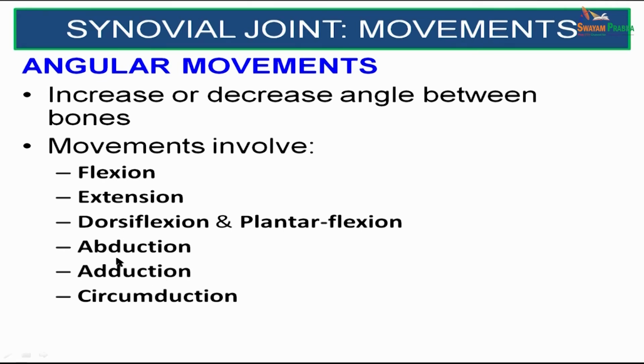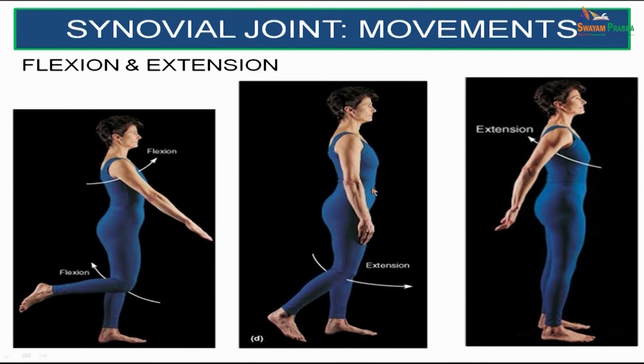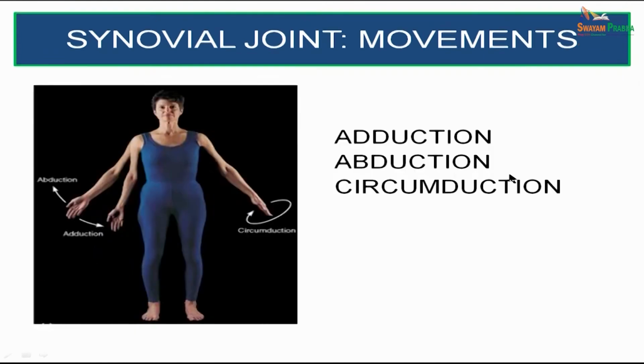These are the movements which are angular in nature. Looking at the pictures, we can see this movement in which the angle between the face and the chest is decreased. This is flexion. Then we have extension. Then we have flexion of the upper limb, flexion of the lower limb, extension of the lower limb and extension of the upper limb.